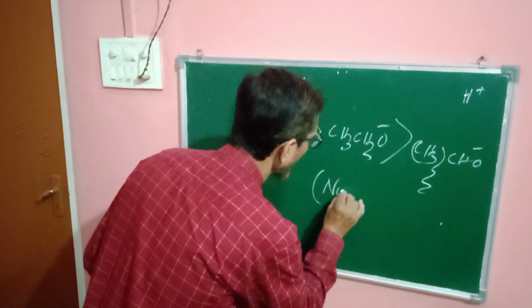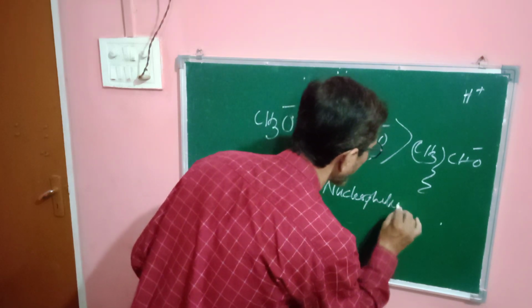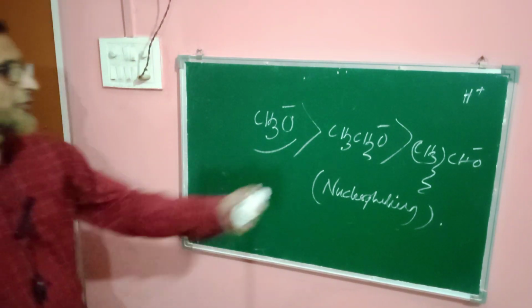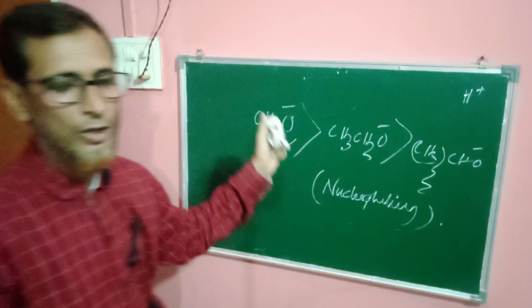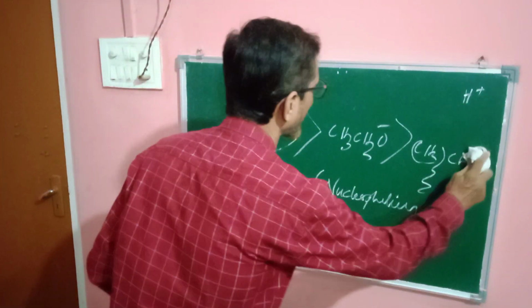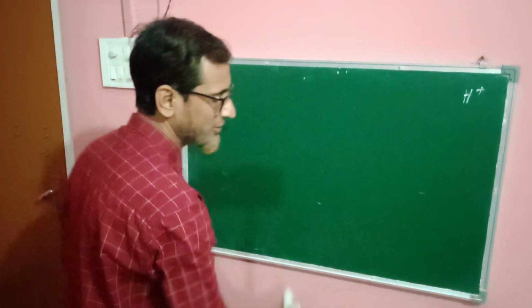If you think of nucleophilicity, it has the highest nucleophilicity. So if it is 1 degree, the nucleophilicity is the highest. That's why a 1 degree alcohol will react faster with carboxylic acid to give the ester. This is a very important part of the reaction.